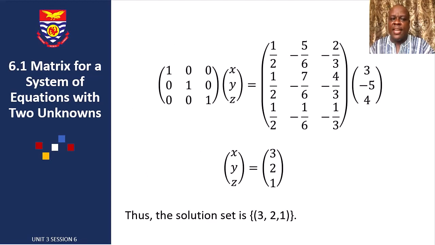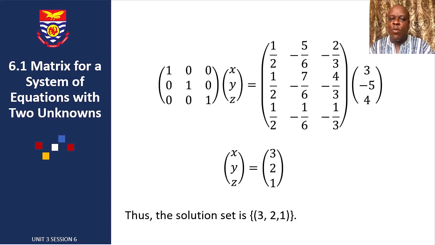As has been the case, you will see that when you simplify the left-hand side of the equation, it gives you the identity matrix. So we have the identity matrix for a 3 by 3, multiplying the variables, and it is equal to the right-hand side of the equation.